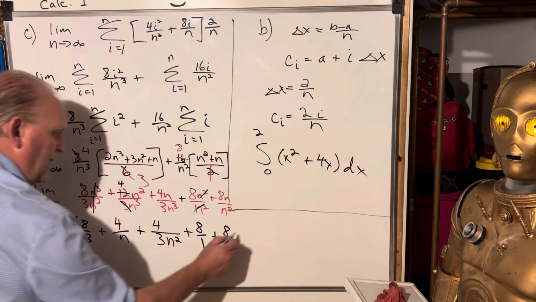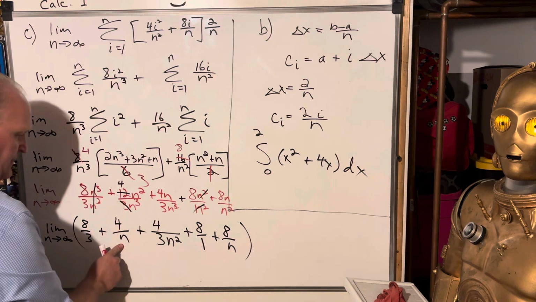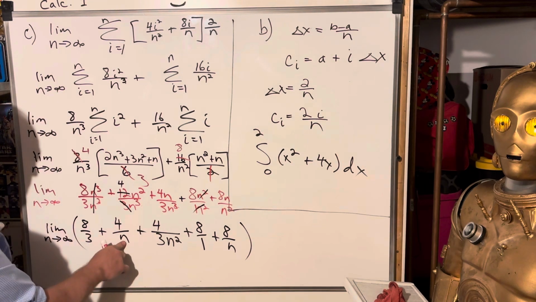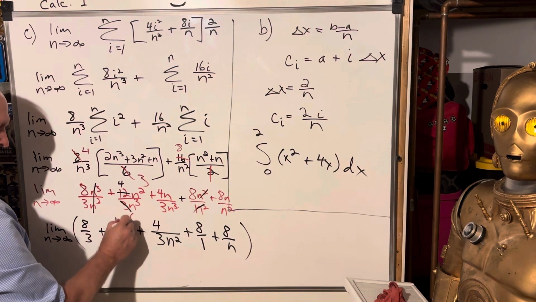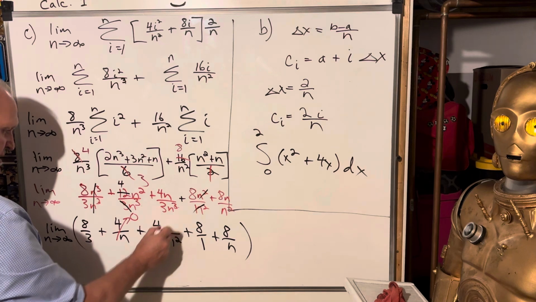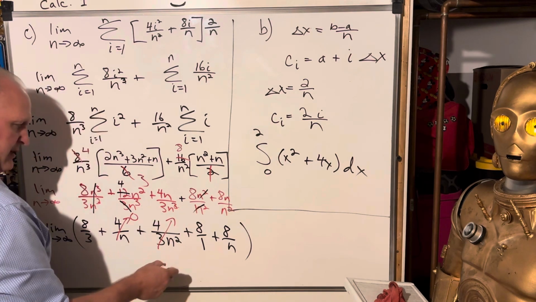Now you apply as n goes infinitely large. What does that mean? Well, this is a million, this is a billion, this is a trillion. So essentially 4 divided by a trillion, that's 0. That's really 0. 4 divided by 3 times infinity squared, 0.